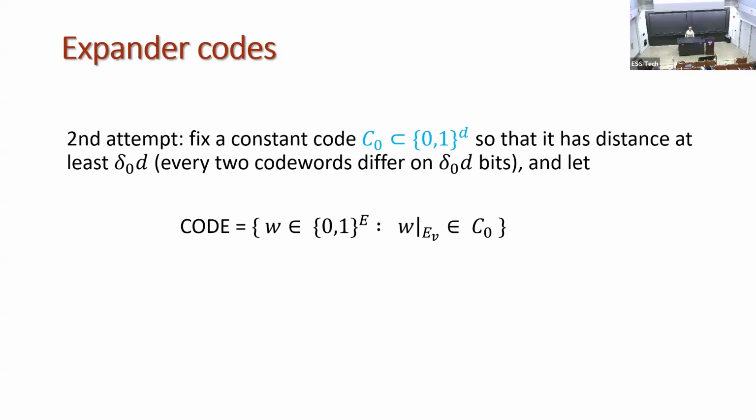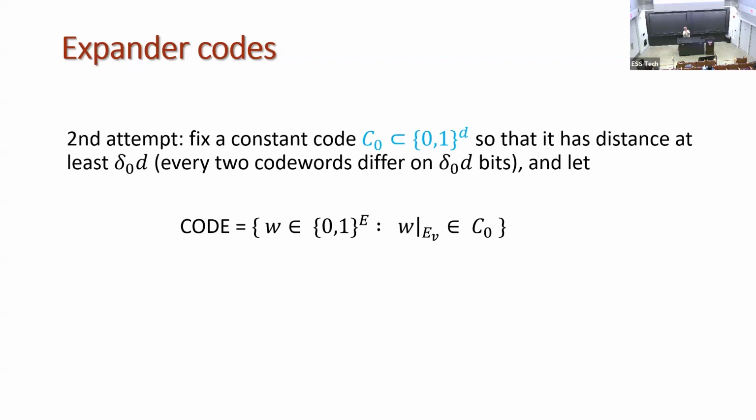And the definition is very similar to before. I'm going to allow all labelings of the edges of my expander, but my condition will be that if I look at any vertex and I look just around that vertex, I see basically a substring of the entire string, right? Because the entire string describes the labeling on all the edges, and I'm just looking at the substring corresponding to the edges touching v.